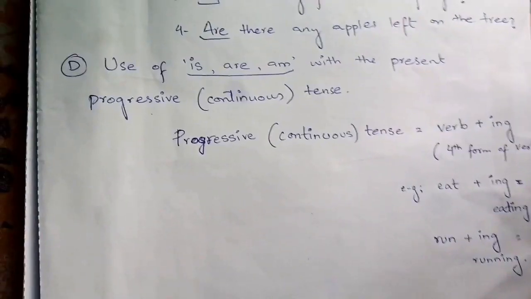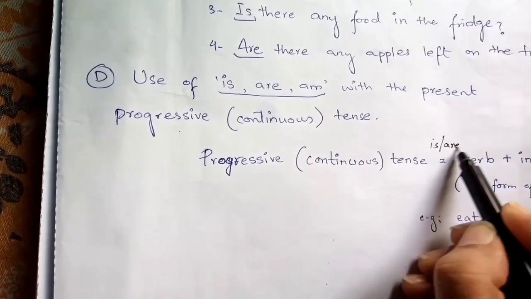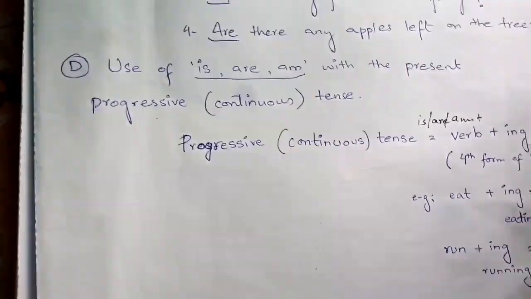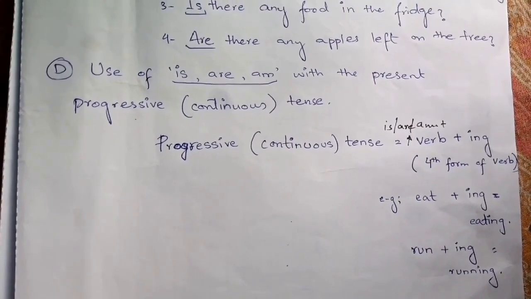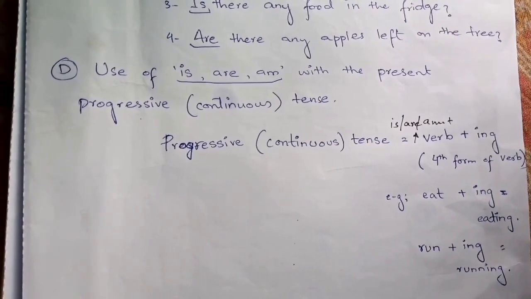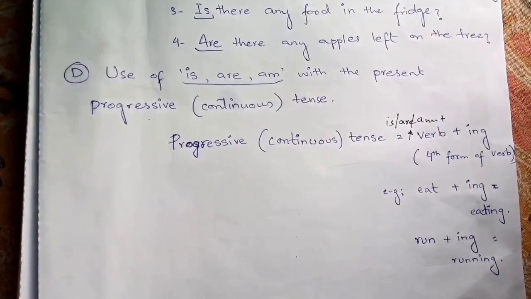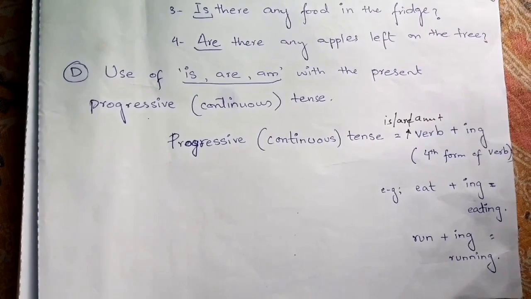The formula will be is, are, am, plus verb plus ing. So that will be the present progressive tense or present continuous tense. Or in short, you can say that is, are, am plus fourth form of verb.